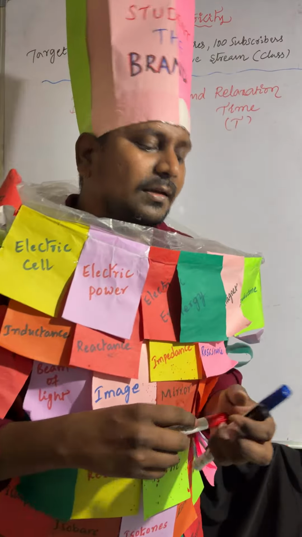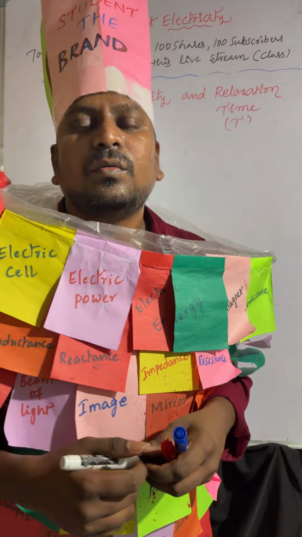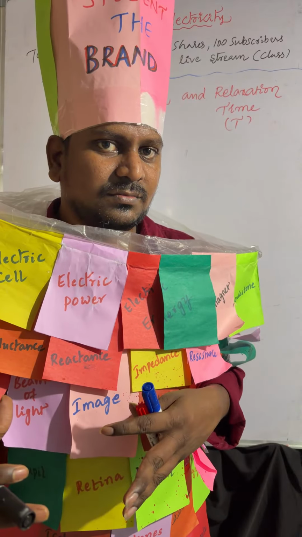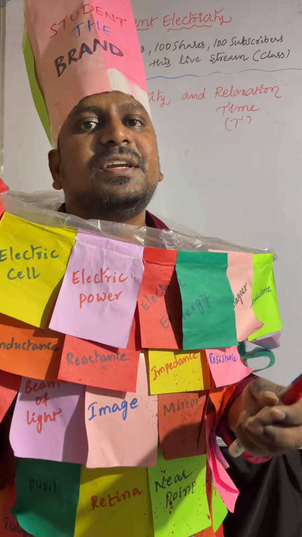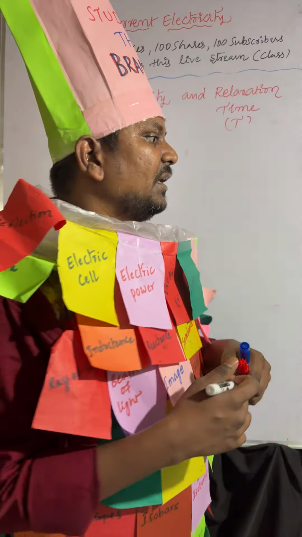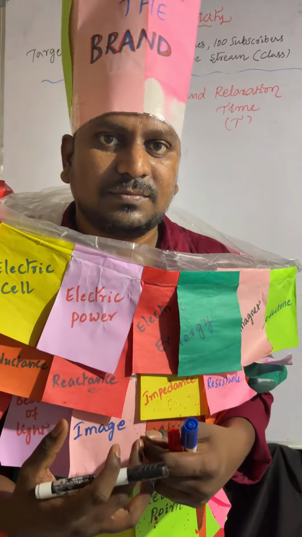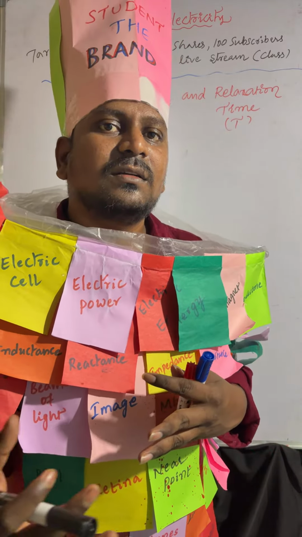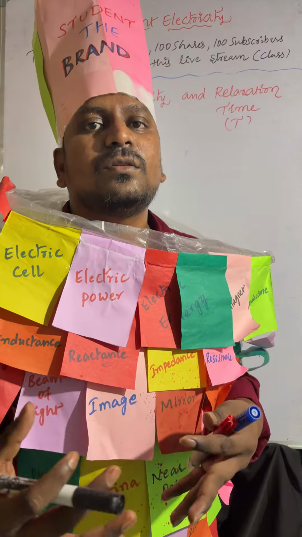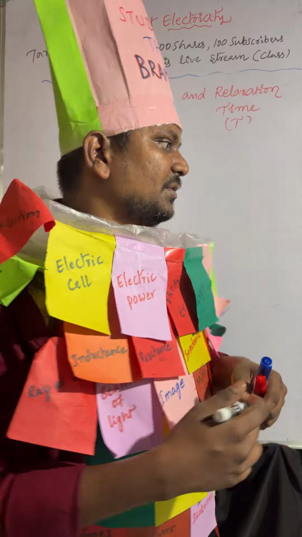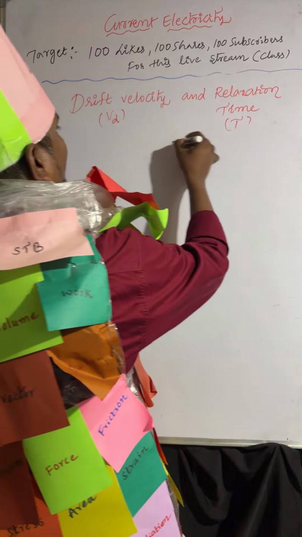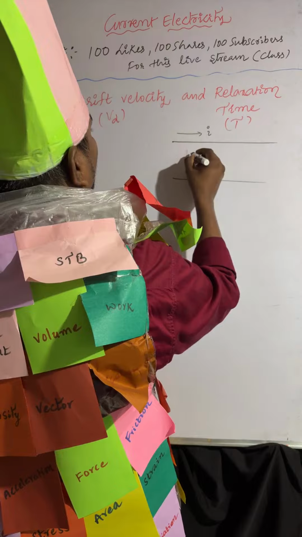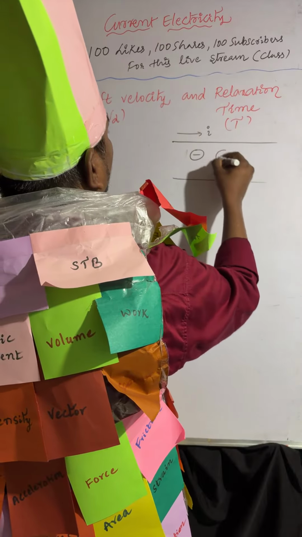Okay, so when an electron is moving in a conductor, it experiences some force. So here I am taking this conductor, the current is moving like this, this is I. Here positive, no electrons.